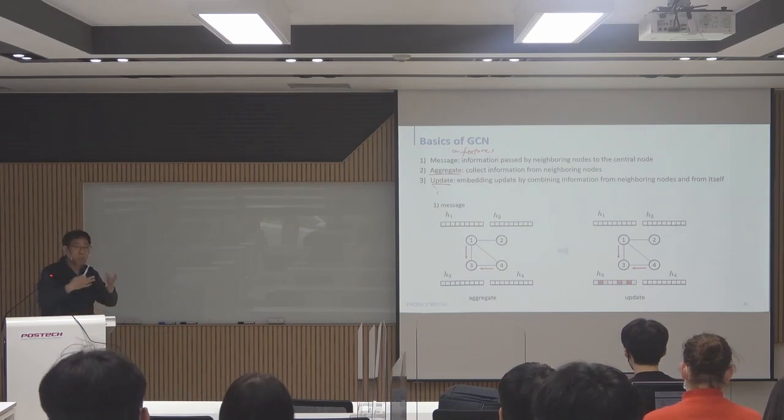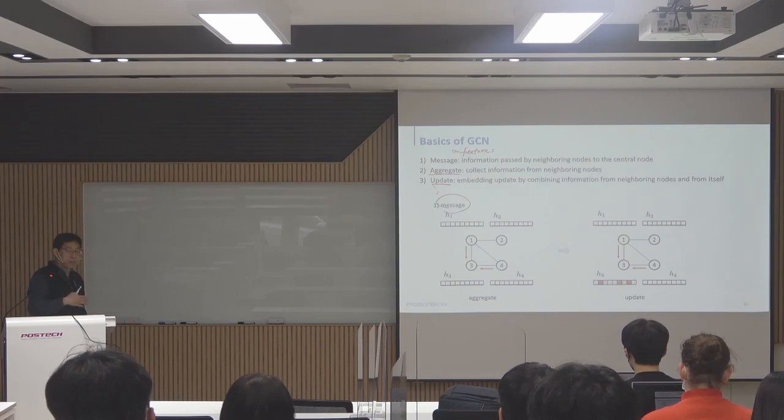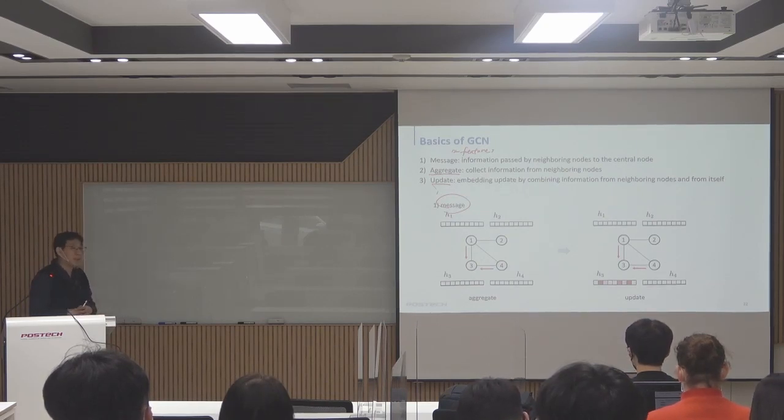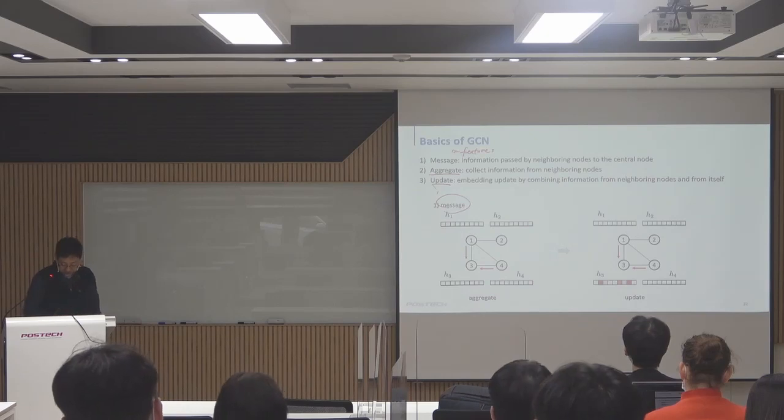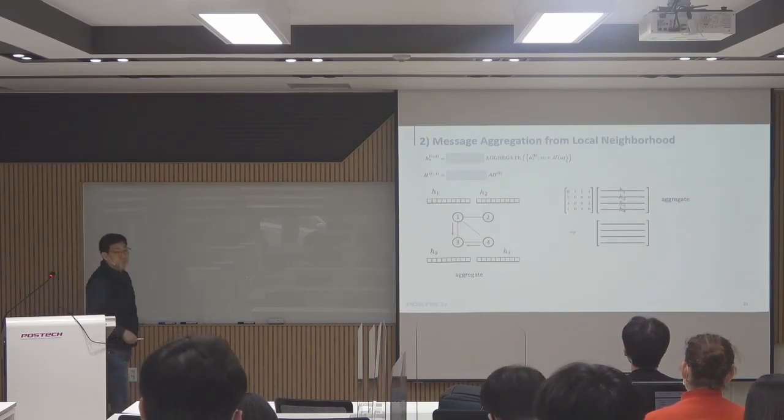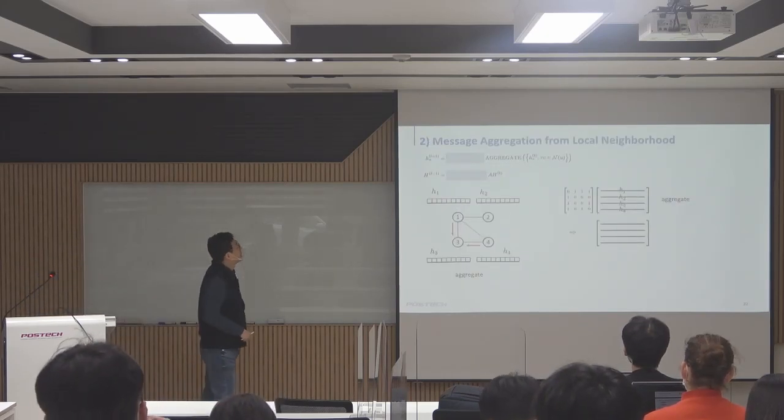And for each node, we define the message or feature vectors. Then each iteration, we're gonna update it. How? Aggregate first, followed by the updatings. So let's see in details.